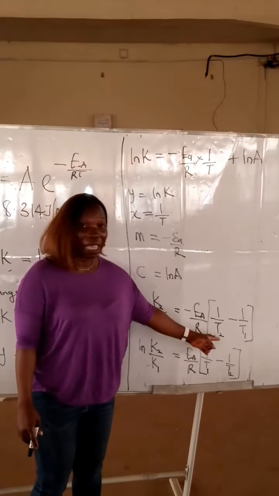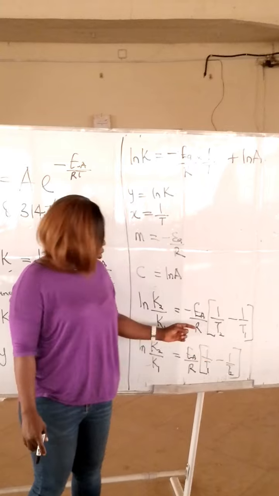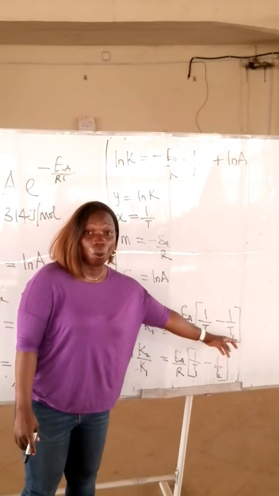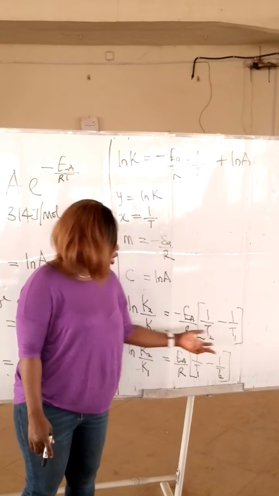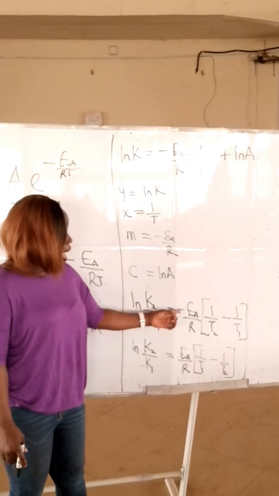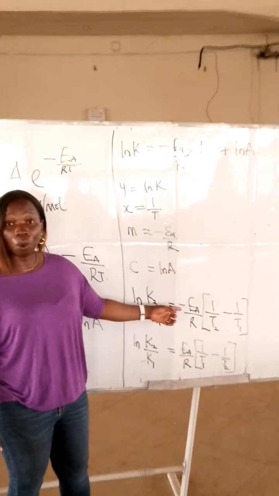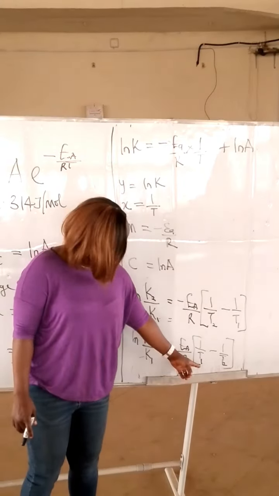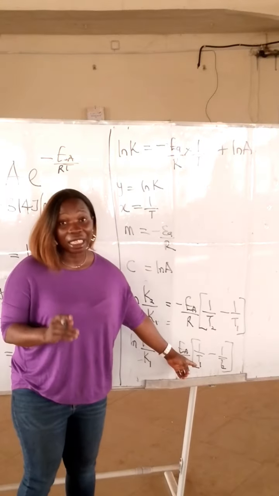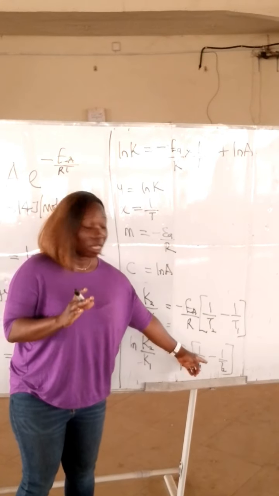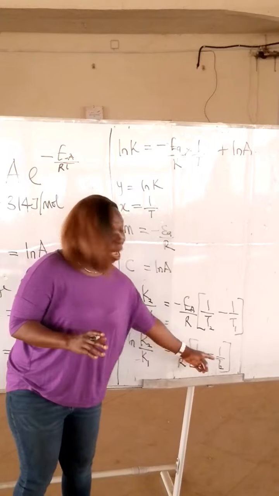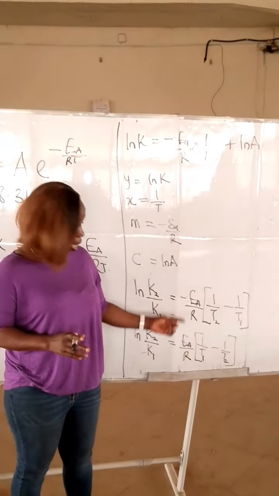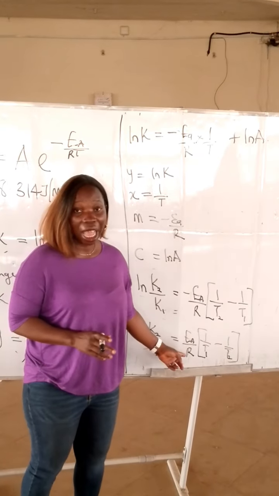By the time we put the increased temperature, that is T2, in the bracket, it will subtract from 1 over T1 and you will get a positive answer, and that remains negative. But in this case, T1 is a lesser temperature than T2. If you subtract, you get a minus answer. The minus will multiply by the minus here, and you will get a positive answer.